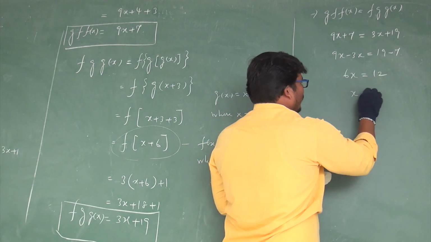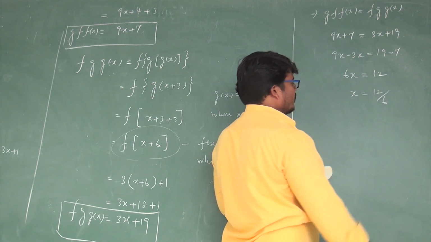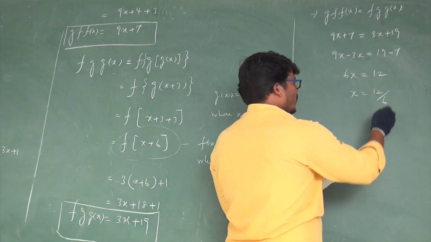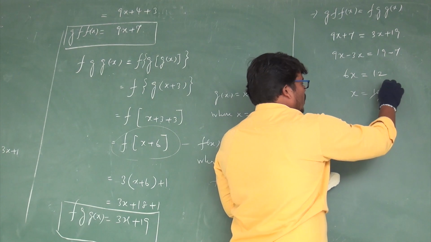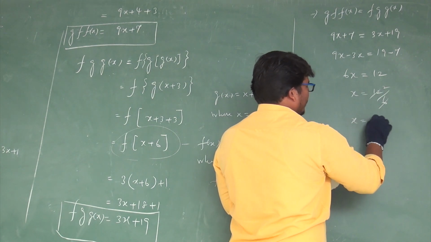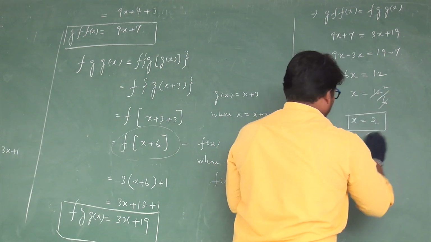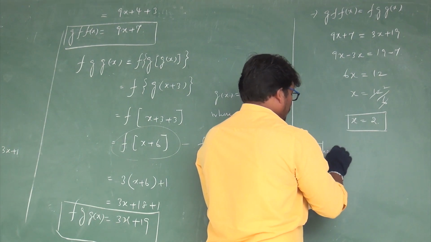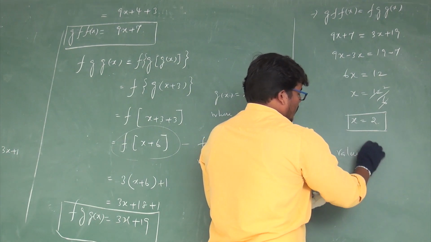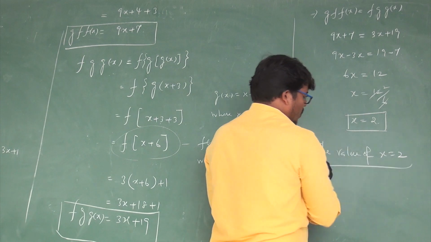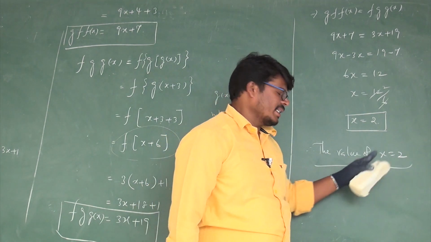That is x equals 12 by 6. Cancel: 6 twos are 12, so x equals 2. The value of x is 2.